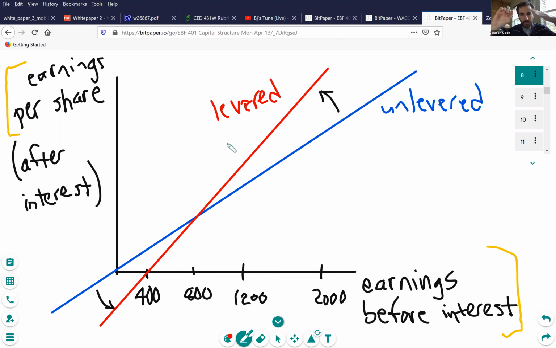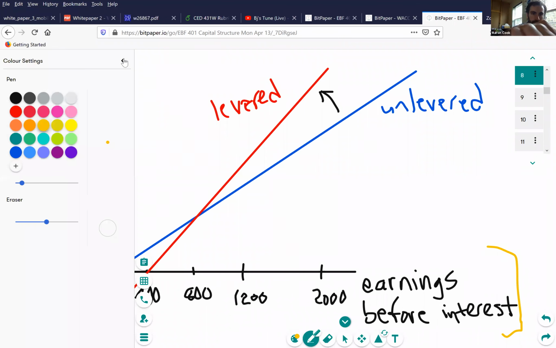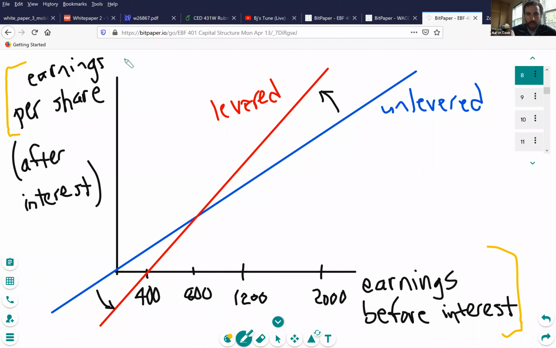Levering up rotates this line in the counterclockwise direction, which makes the payoffs when times are good higher. You get a higher payoff in good economic times, but you also reduce your payoff in bad economic times.